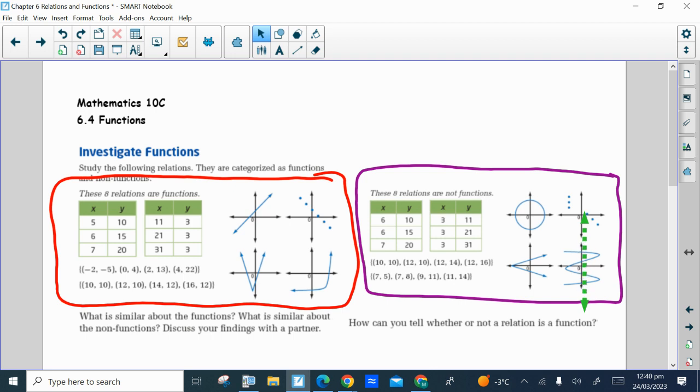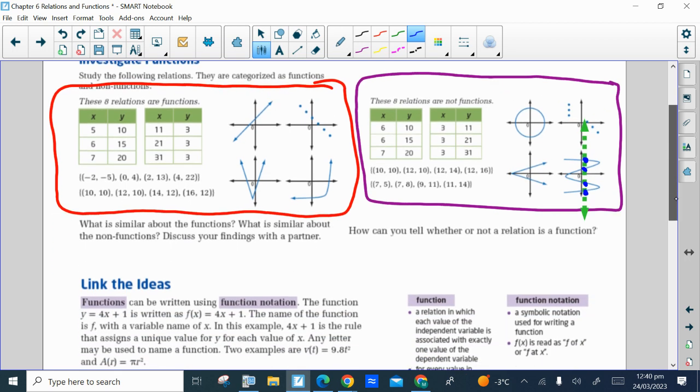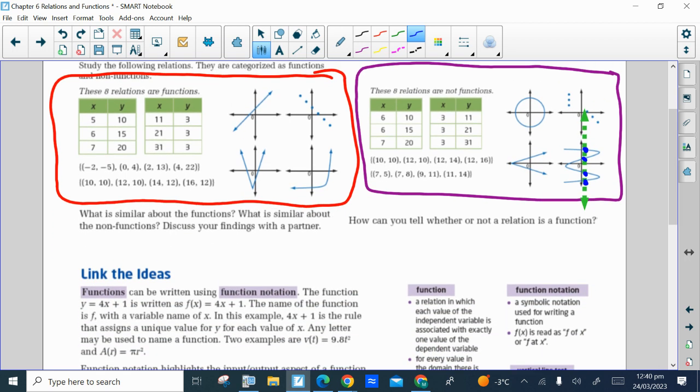So if you drop the vertical line there, there's 4 places where you're going to have points that have the same x value. You only have to find a place where 2 x values repeat, 2 or more. So again, to determine whether a relation is a function or not, you're looking at the x values. If any x values repeat, it is not a function.